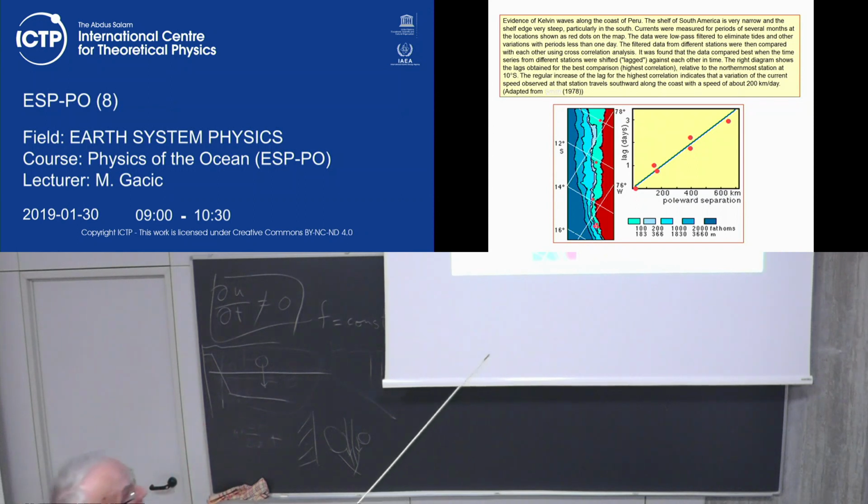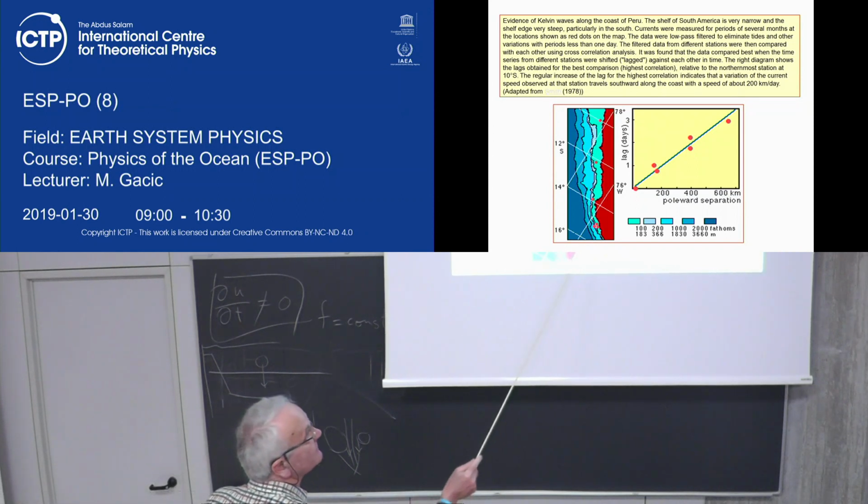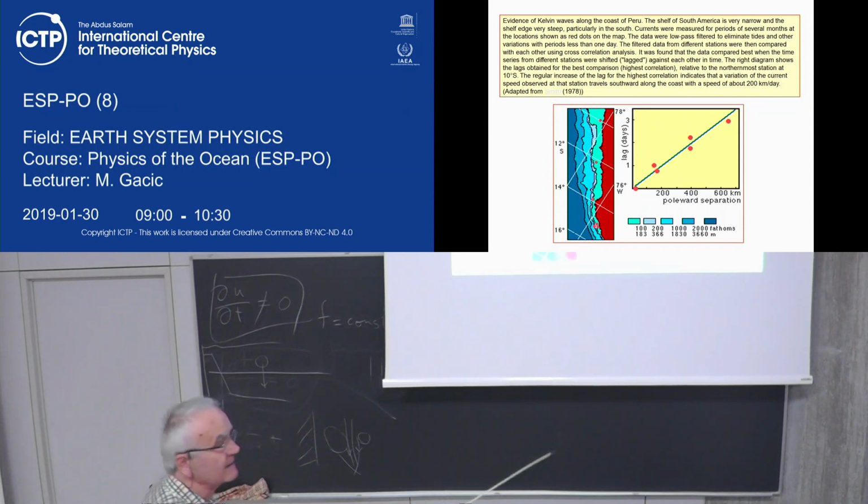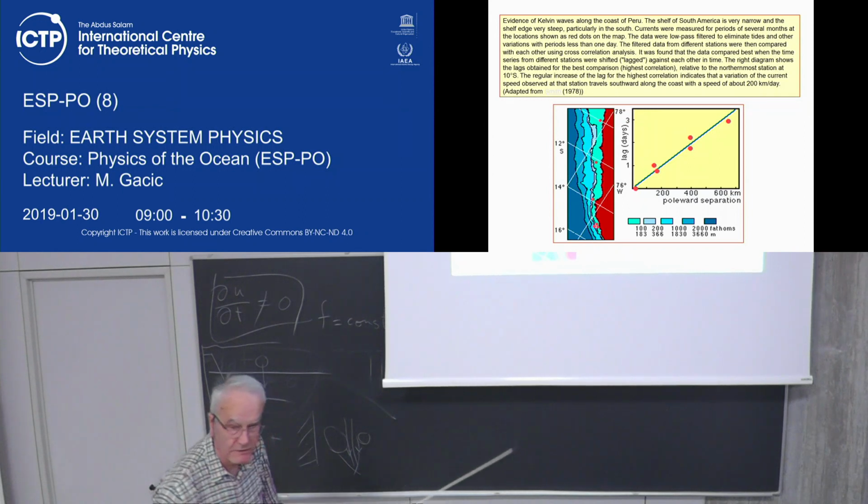velocity of the signal, and these are the lag in days of the records between different tide gauges. So you simply do the cross correlation between those stations.